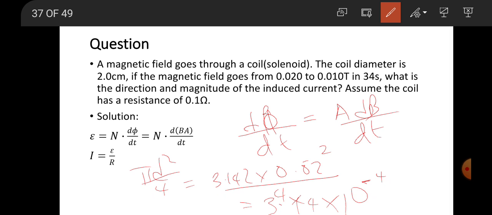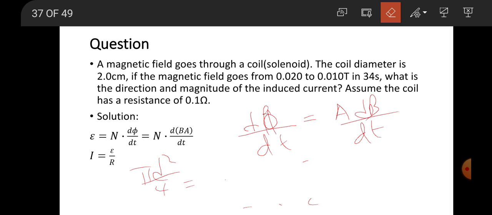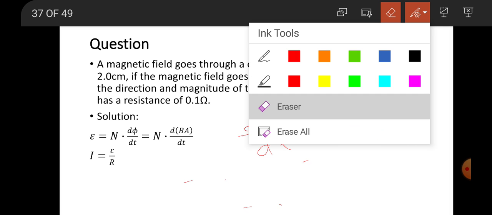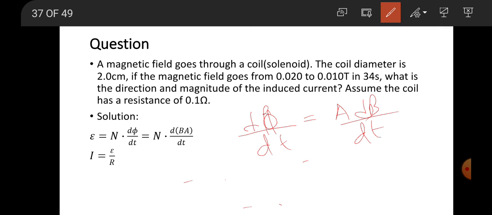So the rate of flux can now be written as the area, 3.14 times 10 to the power minus 4.